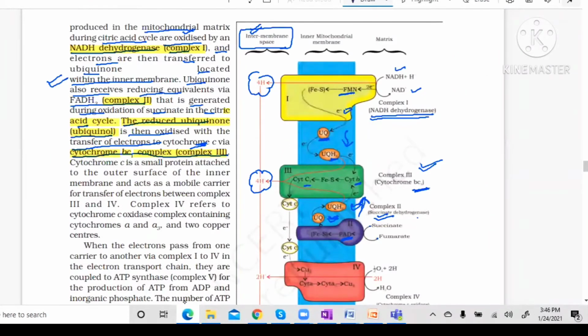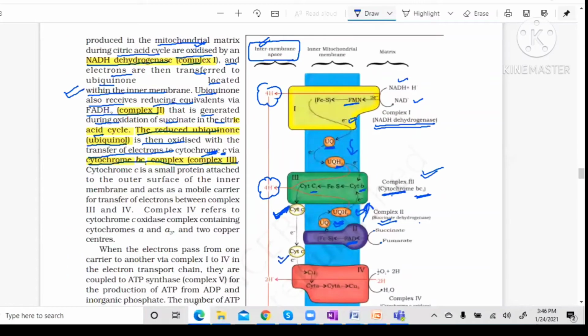They are telling it, check carefully, the reduced ubiquinol is then oxidized by transferring the electron to C by BC1 complex. So this reduced form is giving to BC1, check the diagram carefully. Cytochrome BC1 is getting oxidized by giving electron to cytochrome C. Check carefully, it is giving to cytochrome C.